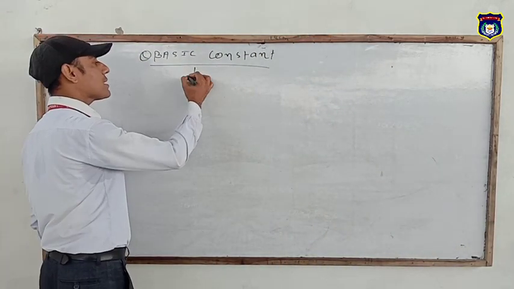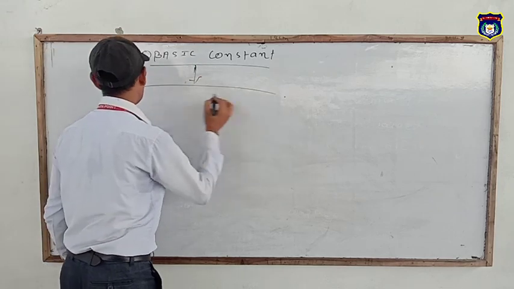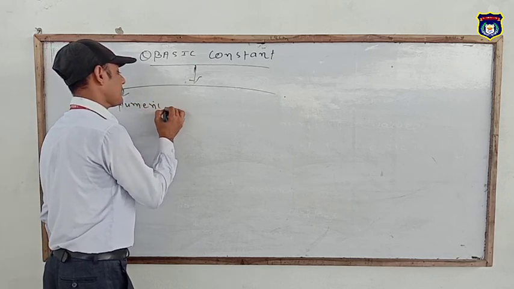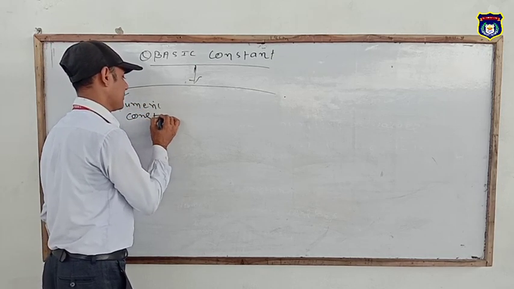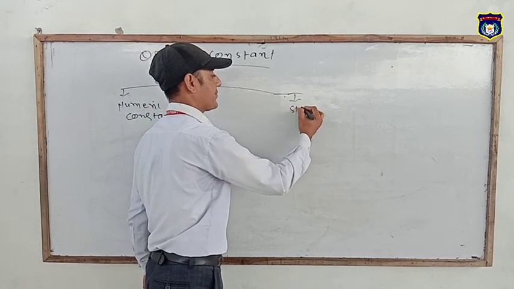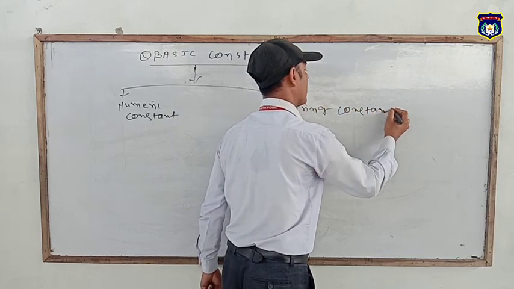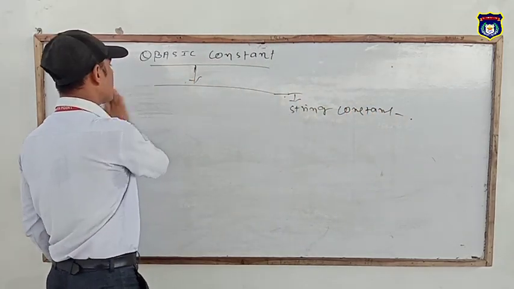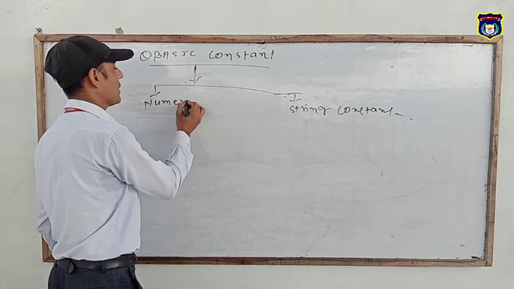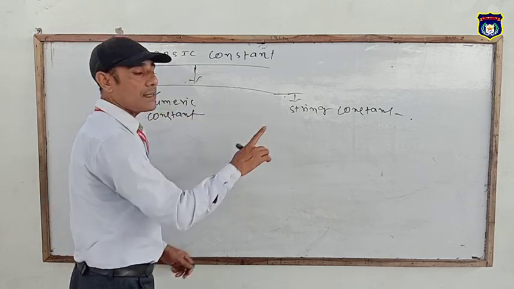Constants can be classified into two categories. How many types of constant? Two types of constant. One is the numeric constant, and the other is the string constant.